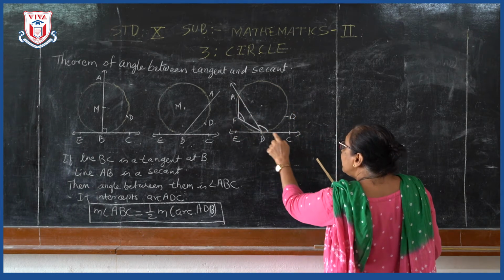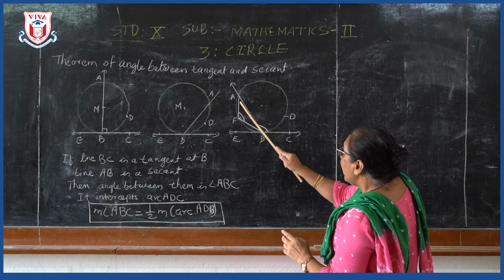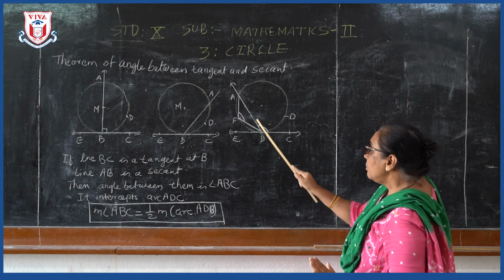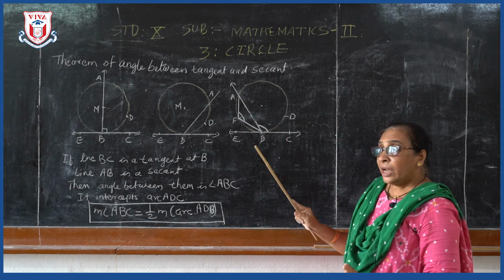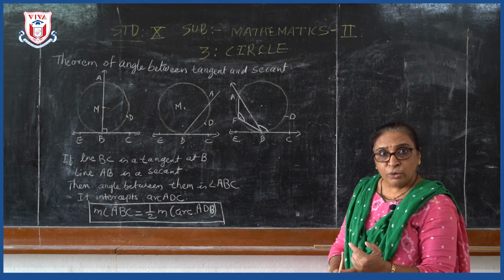Now angle ABC comes on one side and angle AFB comes on the other side, and that is why they are called angles in alternate segment, and such angles are always congruent.